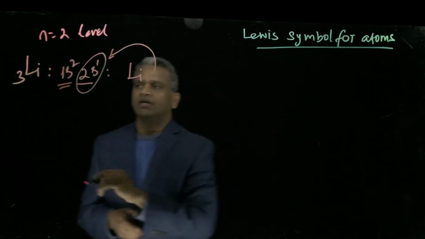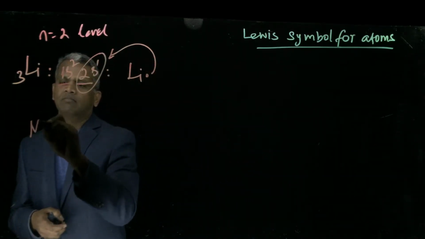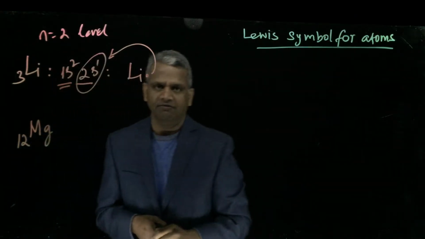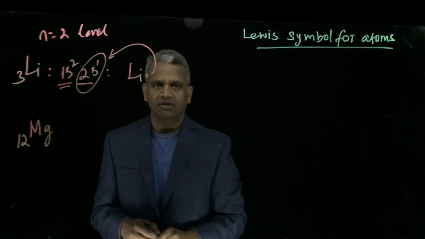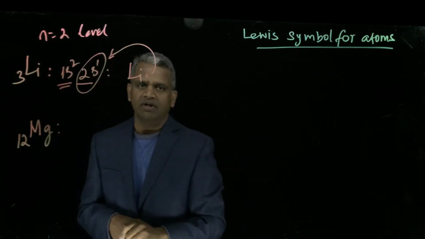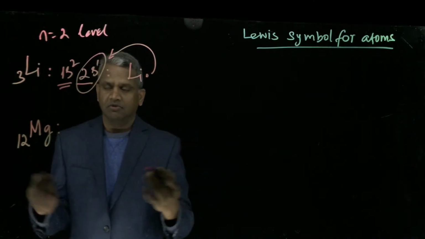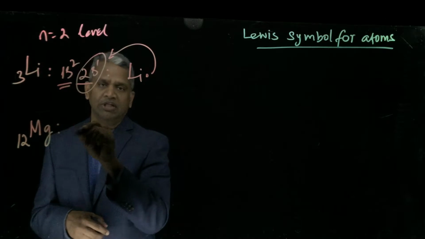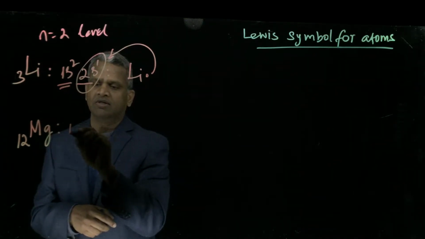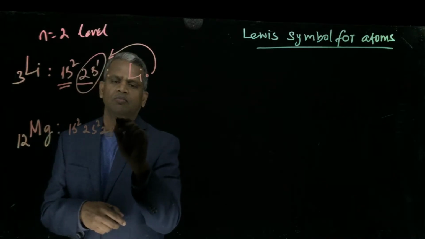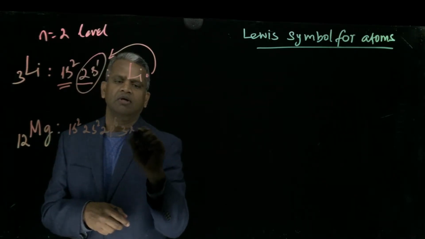If you take a look at magnesium, it has an atomic number of 12, which means there are 12 protons, and there have to be 12 electrons outside the nucleus, in the shells. The 12 electrons can be distributed between the orbitals as 1s2, 2s2, 2p6, 3s2.